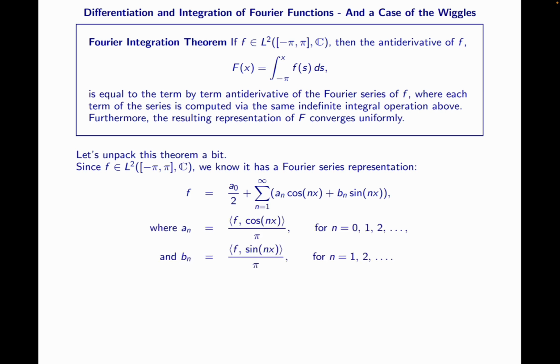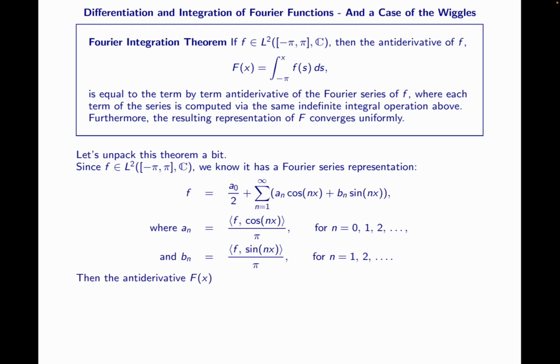In this case, my coefficients a_n are the inner product of f and cosine divided by pi for n equals 0 to infinity. The 0th term is what gives us the constant term of the Fourier series representation. And b_n, my sine coefficients, are the inner product of f and sine divided by the normalizing factor pi for n equals 1, 2, and onward.